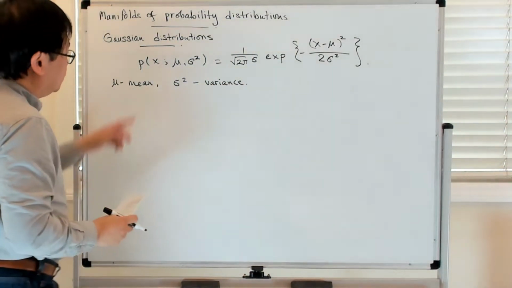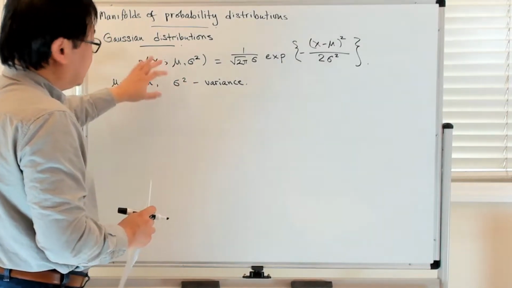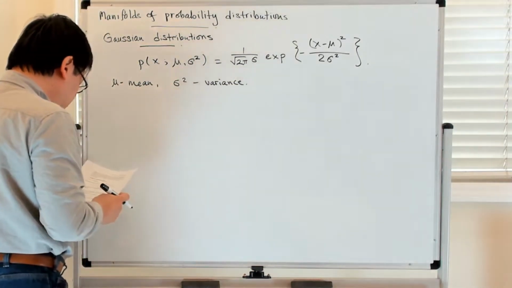Okay, so it's clear that you can parameterize the space of Gaussian distributions by the mean and the variance, for example.